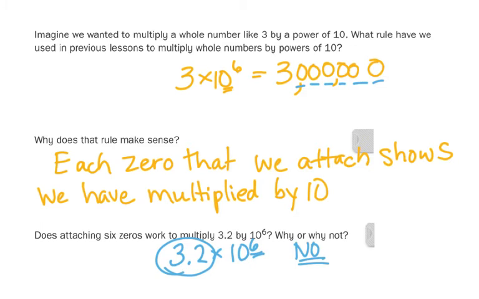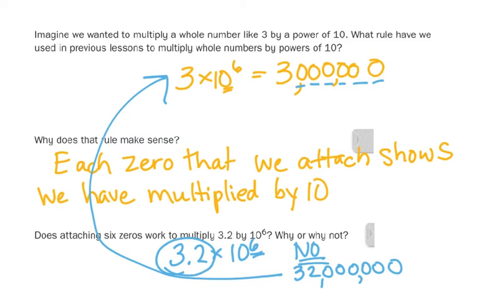If I took 3 and 2 tenths times 10 to the 6th power and just put 6 zeros behind it, 1, 2, 3, 4, 5, 6, my answer would be 32 million. And this is just a little bit larger than 3. So how could I go from 3 million to 32 million? It isn't the same when you're multiplying by a decimal.